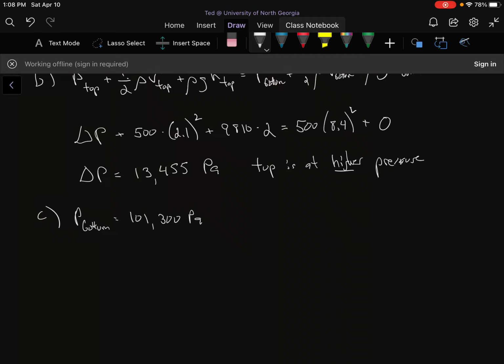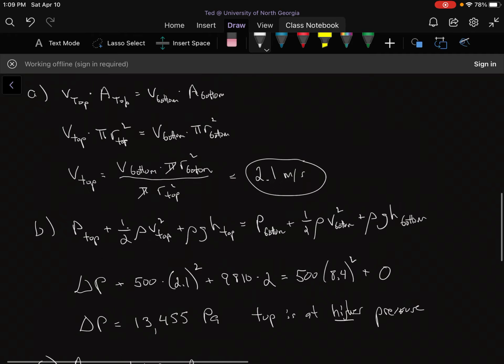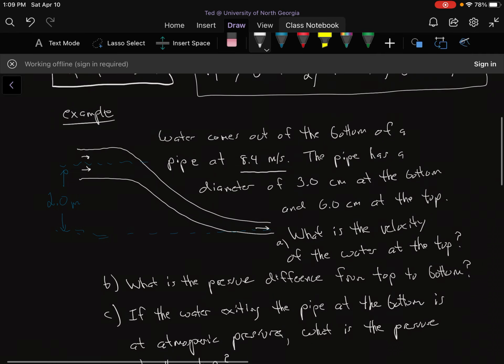So the pressure at the top is 13,455 more than that. 13,455 plus 101,300. So we get the pressure at the top is equal to 114,755 pascals.